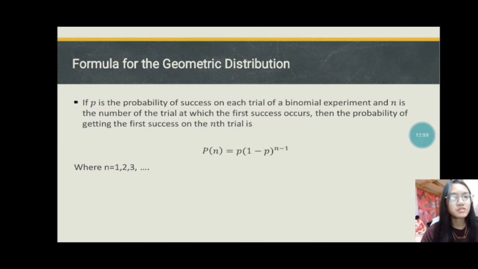For the formula of the geometric distribution, p is the probability of success on each trial of a binomial experiment, and n is the number of the trial at which the first success occurred. Then the probability of getting the first success on the nth trial is P of n is equal to p multiplied by 1 minus p to the power of n minus 1, where n is equal to 1, 2, 3, and so on.